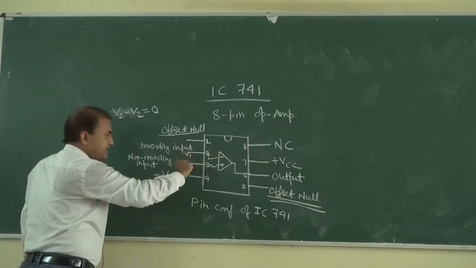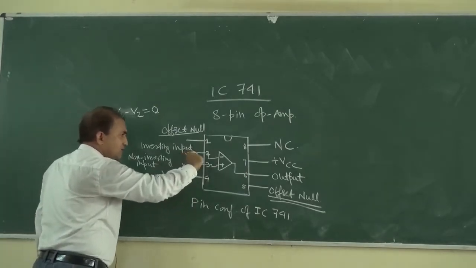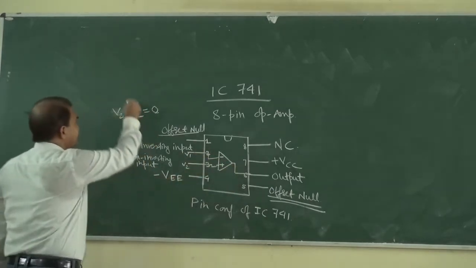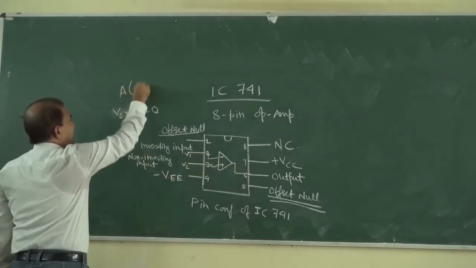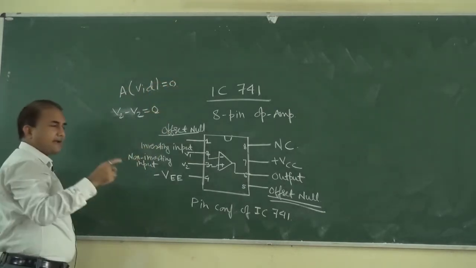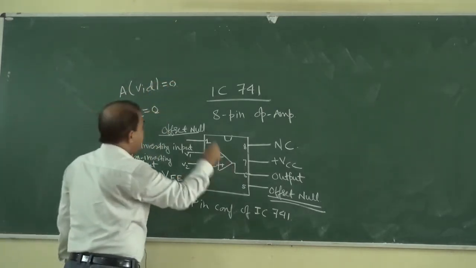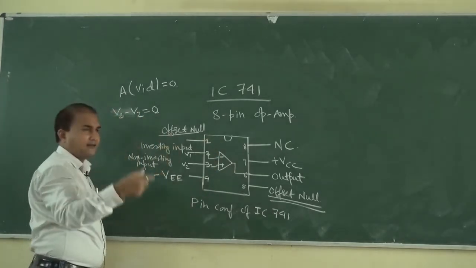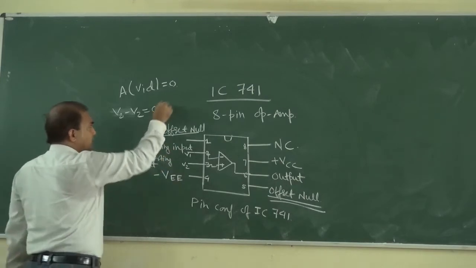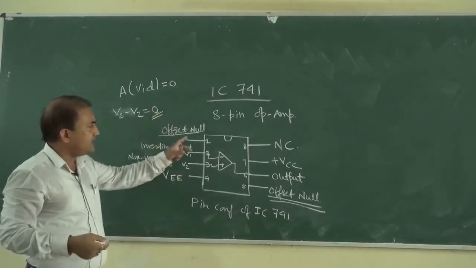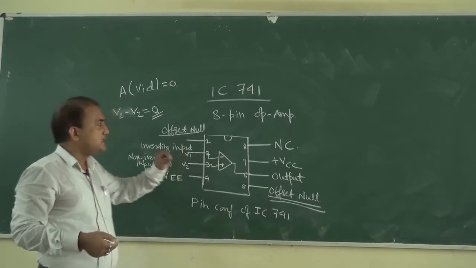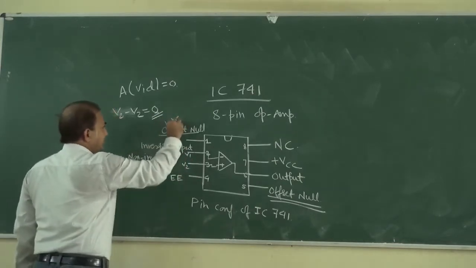If this difference V2 minus V1 is equal to 0, then for the ideal case the output should be 0, because it is A times V-difference, so it should be equal to 0. But because of some manufacturing problem, some offset voltage may be there. So in order to cancel this and reduce it to 0 volt, we apply some voltage to null this output. Okay, so this is the use of offset null.